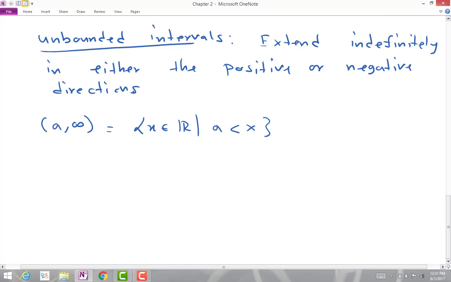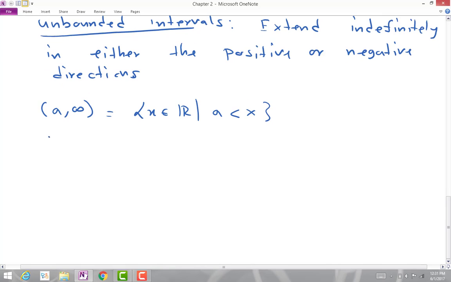I don't have a bound on the right hand side, so your x will extend up to infinity. And also we can define (negative infinity, b). In this case, x in R such that b is greater than x, or x is less than b.